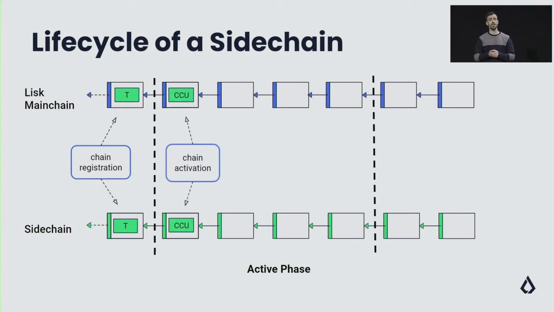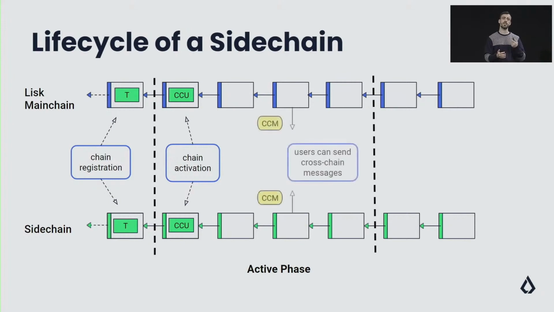For that, we need the first cross-chain update posted on the mainchain from the sidechain. When this happens, we say that the sidechain is active. This means that users can start interacting with the sidechain, especially sending cross-chain messages and so on, that you will see more in the incoming talks.